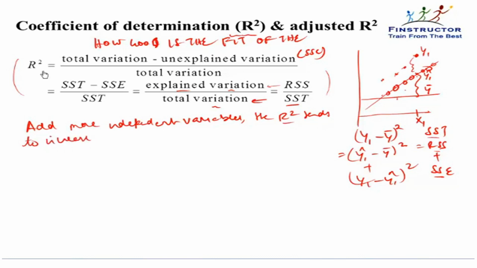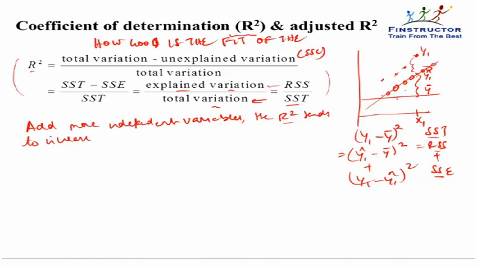So just because R square is increasing in multiple regression, we cannot conclude that the new model is better than the old model, because the R square mathematically tends to improve as you add the number of variables. To conclude that the fit of the regression is actually improving, we compute something called adjusted R square.